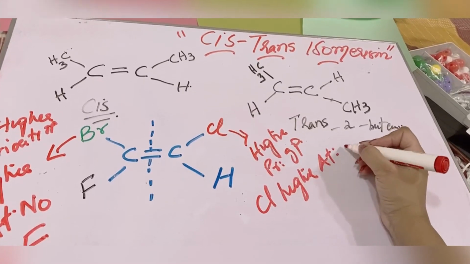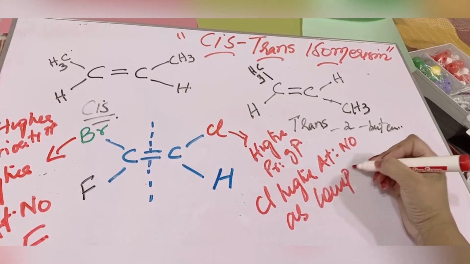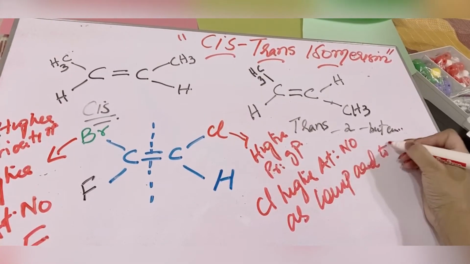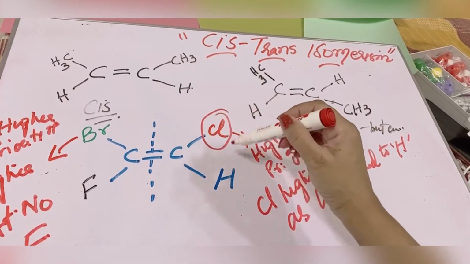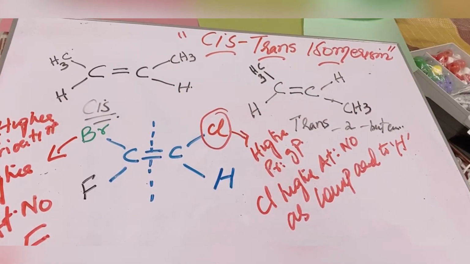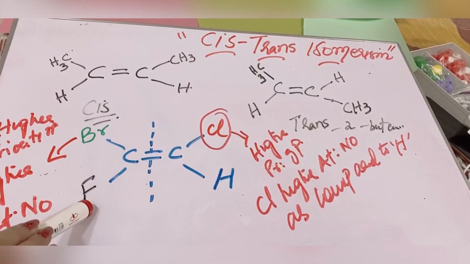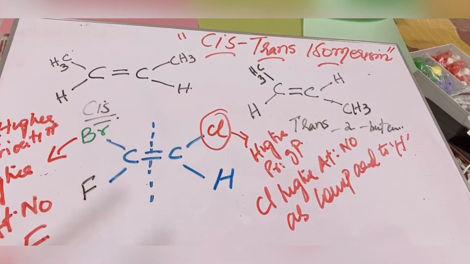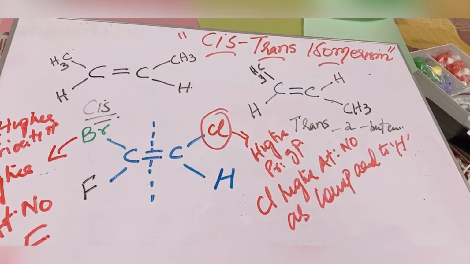That's why it is called the higher priority group. Whereas here in this case, bromine has the higher atomic number than fluorine, so it's called the higher priority group, right? So this is now another new thing which you have just followed, that why do we call them the higher priority groups.